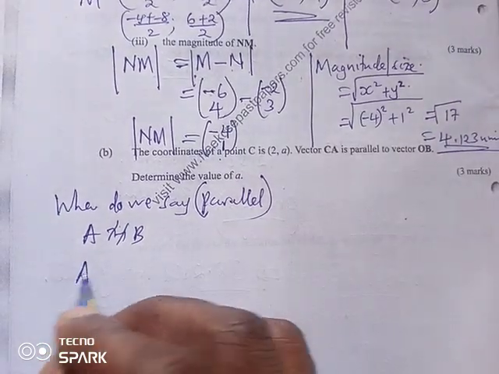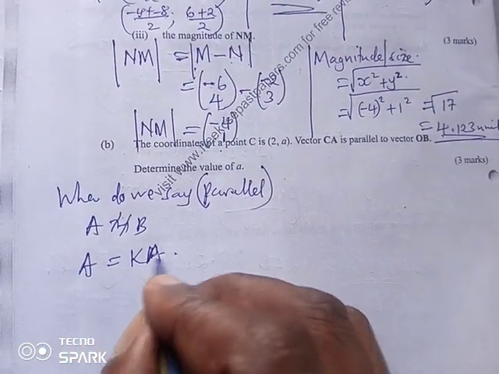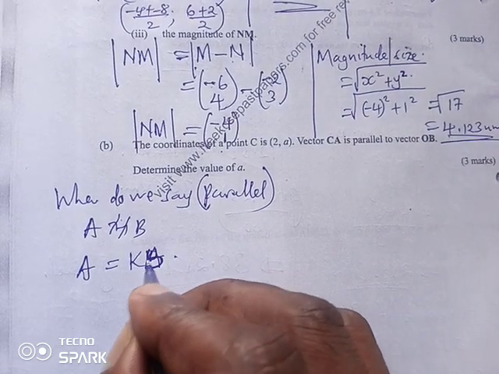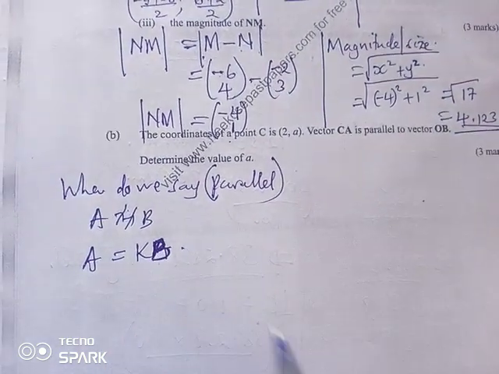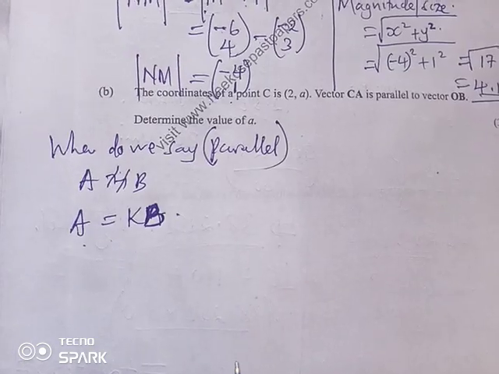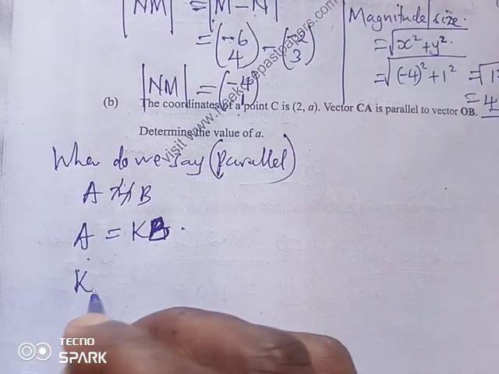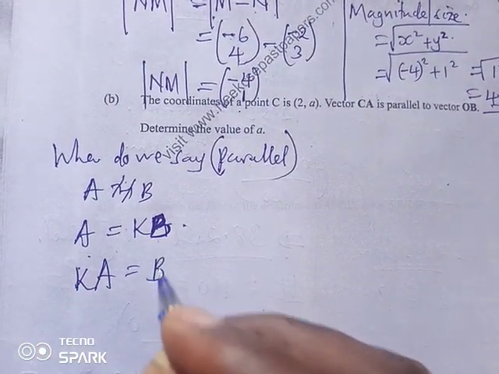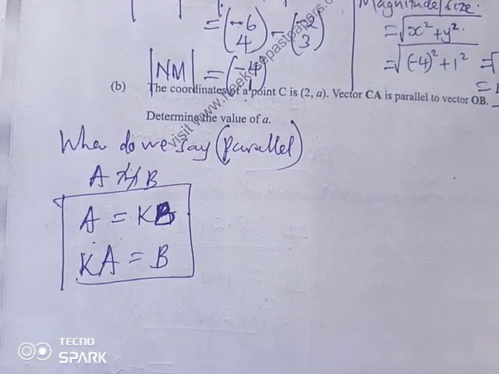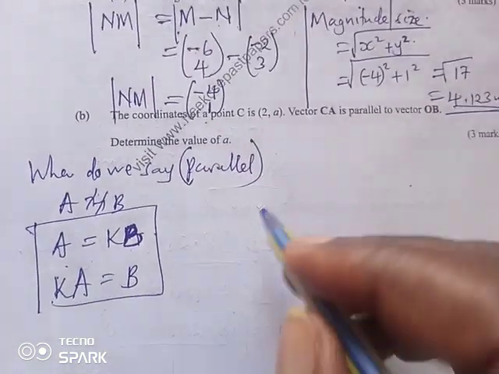So A can be written as KB. What do I mean? A is equal to K times the vector B. Or we can still put it on this side and say KA should also be equal to B. So when either of these two is satisfied, we conclude that those vectors are parallel.